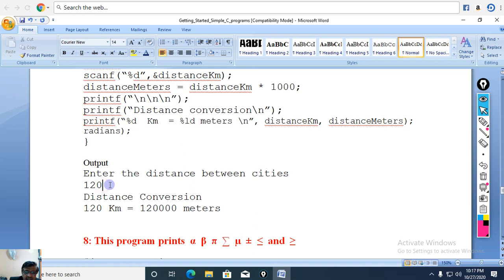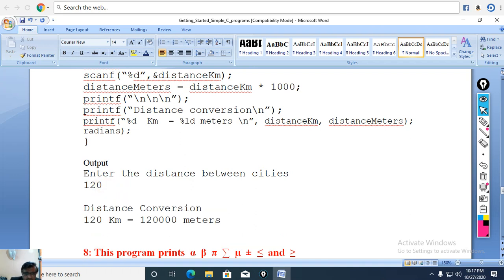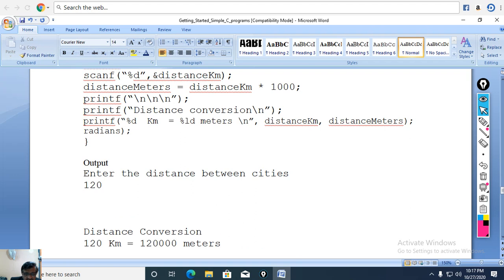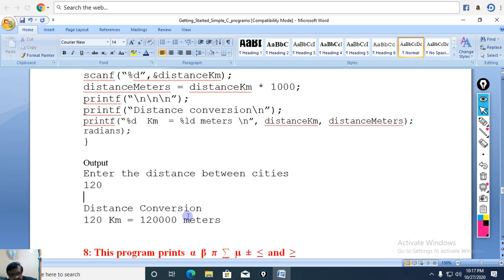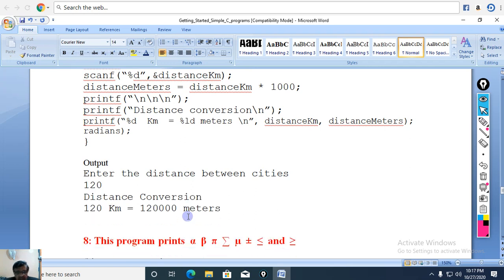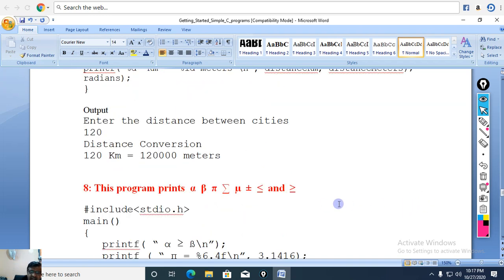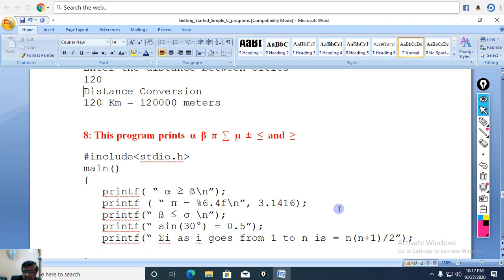Before distance conversion, 3 spaces will be created, and the answer will be printed something like this. Of course, my listeners should please understand that these programs were executed and brought to the fore. Anyway, minor changes I am doing here and there for the sake of clarity.